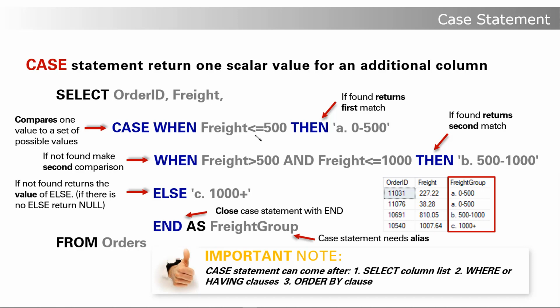this value checks if it's lower or equal to 500, so it's not. After that, if it's between 500 and 1000, and it's not. And after that, if it's higher than 1000, so it brings us the last name of the group.